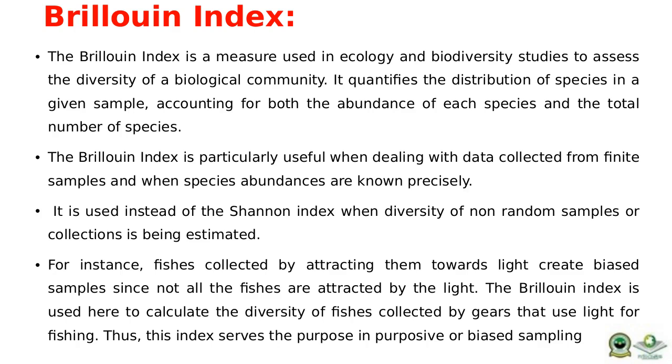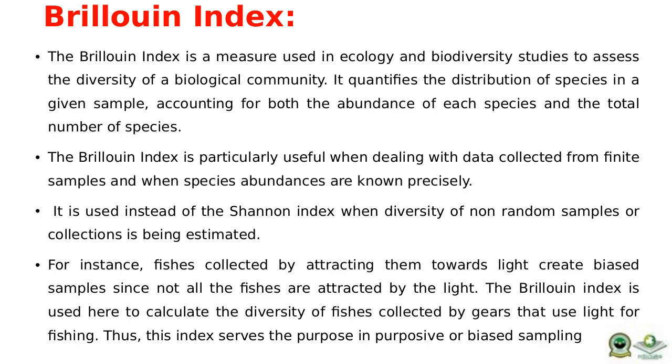Now, the Berger-Parker index. The index is a measure used in ecology and biodiversity studies to assess the diversity of a biological community. It quantifies the distribution of species in a given sample, accounting for both the abundance of each species and the total number of species.